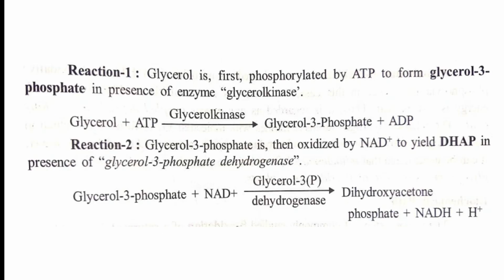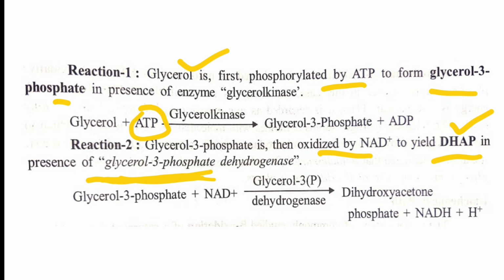So at first from triglyceride, diglycerides are formed, then monoglyceride, and finally glycerol and fatty acids are released. In the first reaction, the glycerol is phosphorylated by the addition of ATP to form glycerol 3-phosphate in the presence of the enzyme glycerol kinase. Then in reaction 2, glycerol 3-phosphate is oxidized by NAD plus to yield dihydroxyacetone phosphate in the presence of glycerol 3-phosphate dehydrogenase.